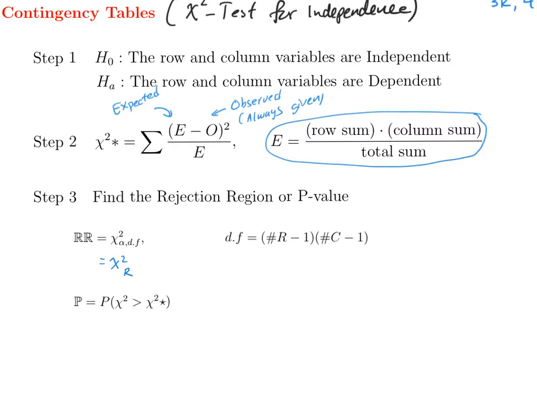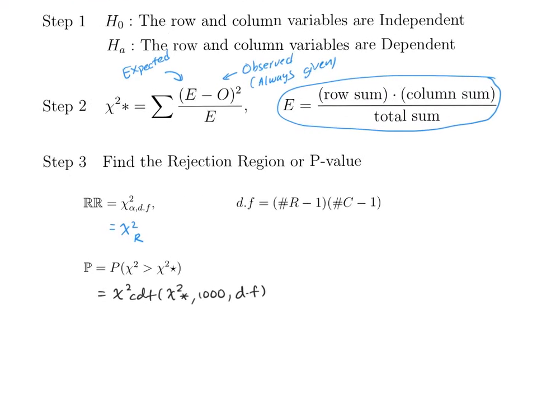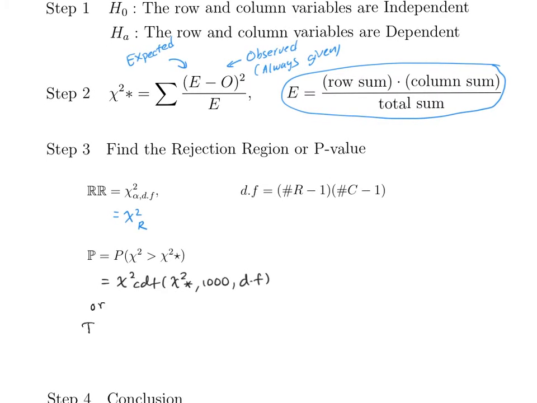And to find the p-value, remember you have 2 choices. You can use the calculator, which in this case will be chi-square CDF, from chi-square star to 1000, and then the degrees of freedom. Or you can use the table to approximate the p-value, just like we did before.